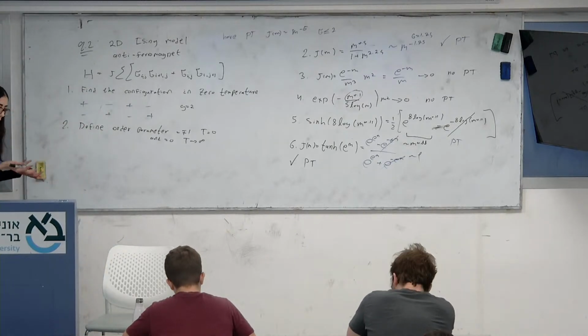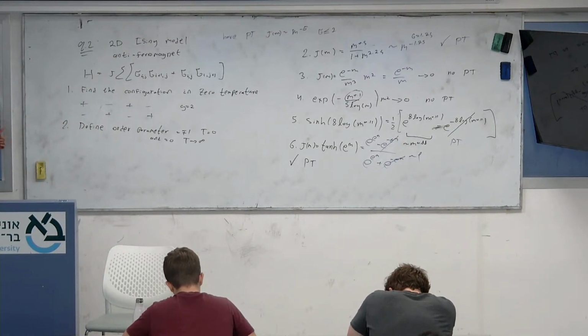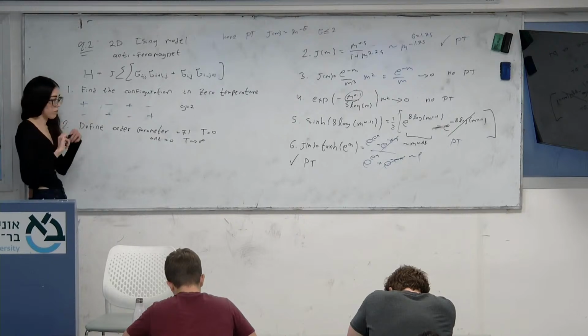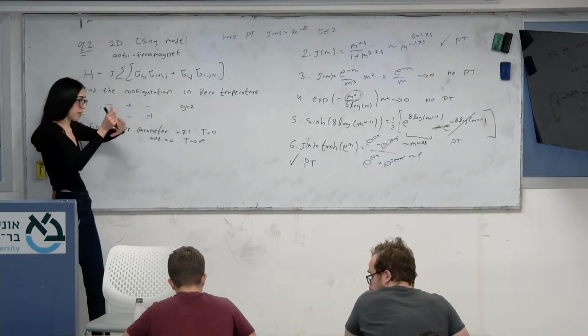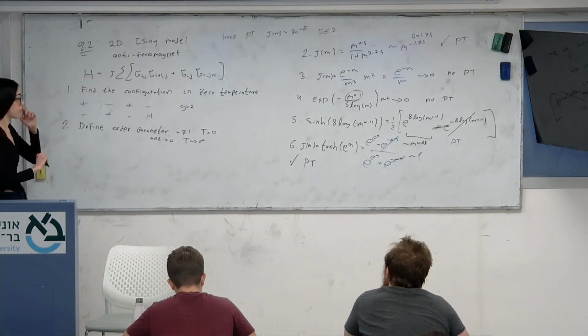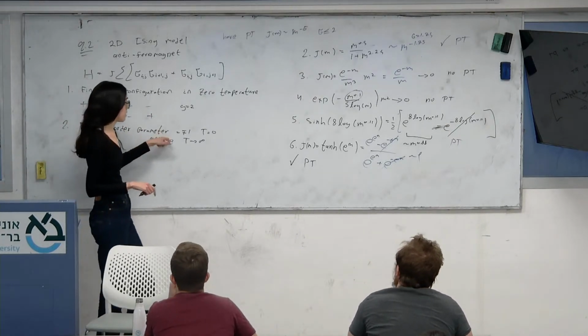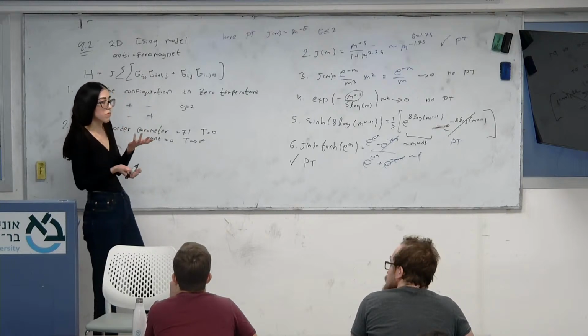In a normal ferromagnet we have either everyone up and then it would be plus, or everyone down and it would be minus. And when we take T equal to infinity, then half of them are up and half of them down, everything is completely random, and then the order parameter is 0. So we want to define something similar here.